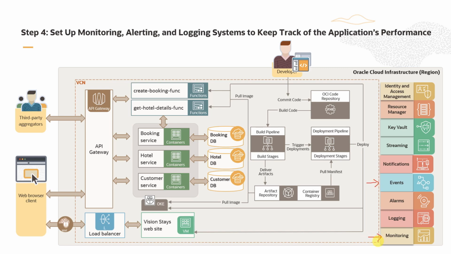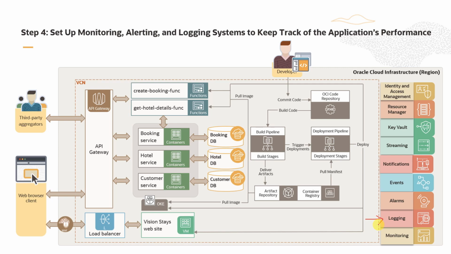Monitoring tools continuously access various metrics such as CPU and memory utilization, network traffic, and response times, allowing us to promptly identify any anomalies or performance bottlenecks. Additionally, alerting mechanisms can be configured to notify the appropriate personnel in the event of unusual activity or critical system issues. Furthermore, logging systems capture and store detailed information about applications' events and user interactions.